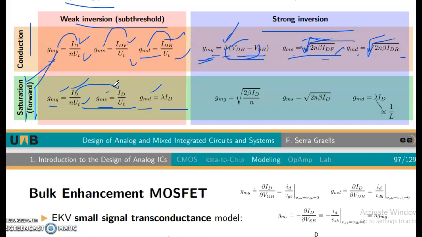In the numerator and denominator, n is multiplied with UT. Here GMG equals 2 beta ID divided by n, square root total, which is for scaling purposes, reducing that value. That is the ID current multiplied with 2 times beta. After that, find this value.